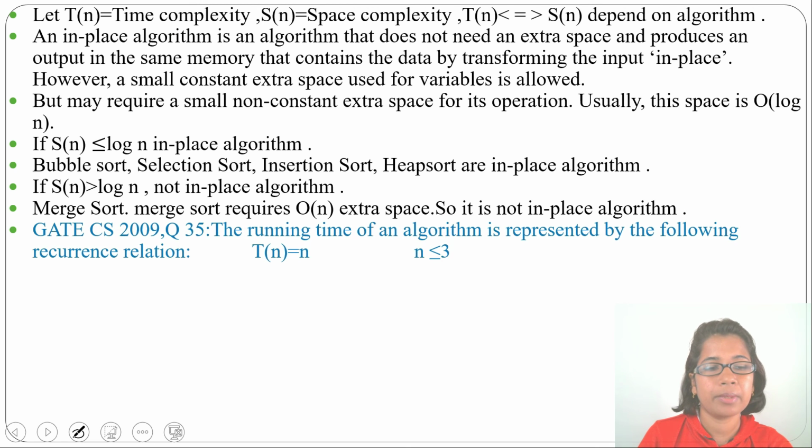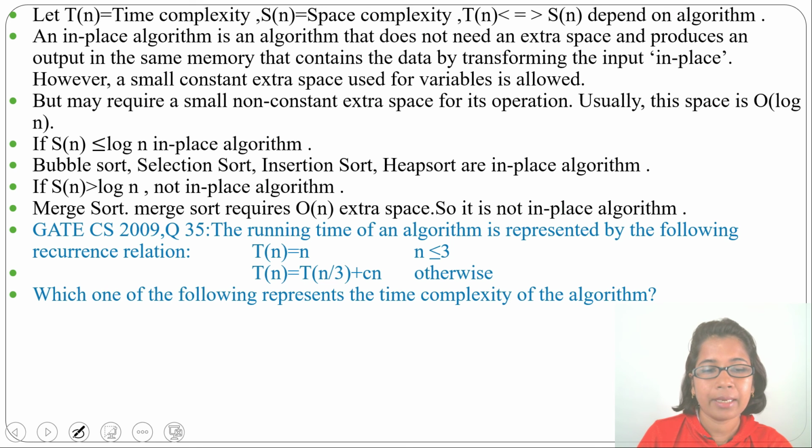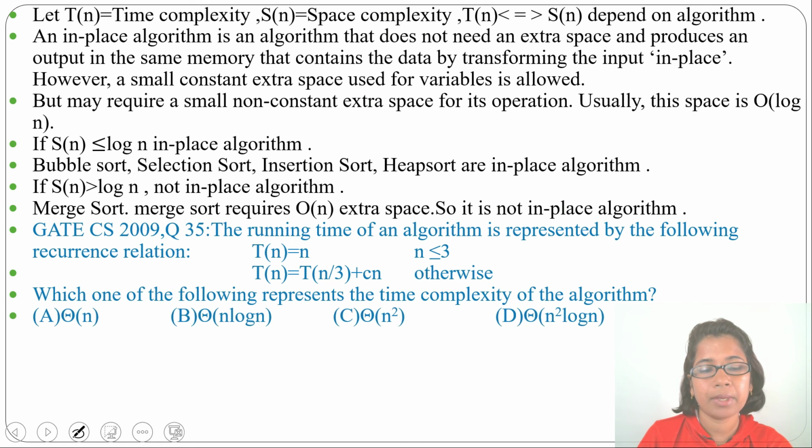Let's discuss one previous question. This question was asked in GATE CS 2009, question number 35. T of n equals n for n less than or equal to 3, else T of n equals T of n divided by 3 plus Cn. It is asking for the time complexity and 4 options are given. Now you can apply the master theorem directly on this.